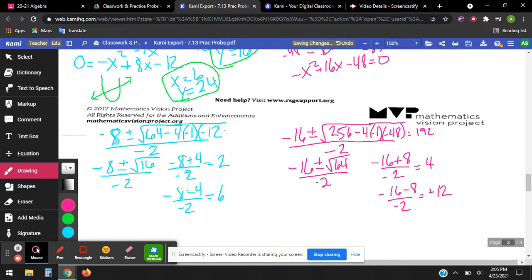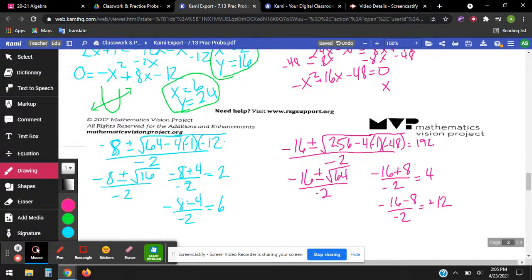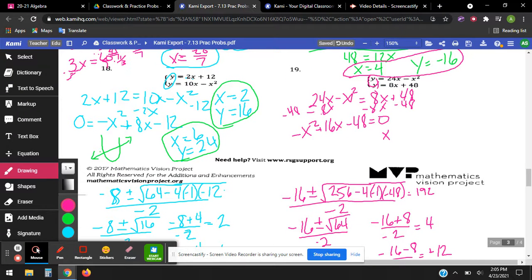So let's go back up here a little bit. We've got x equals 4, y equals something, x equals 12, y equals something. So we'll just do the bottom one. 8 times 4 is 32, plus 48 is 80.